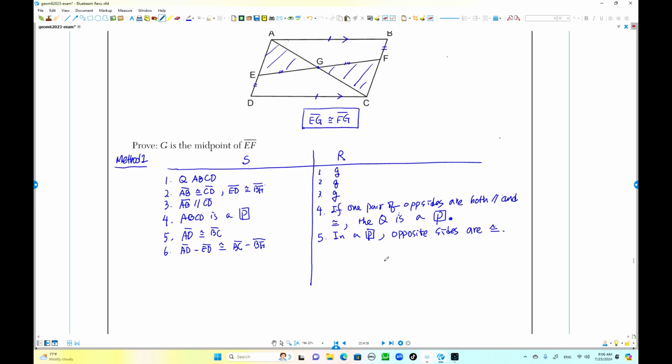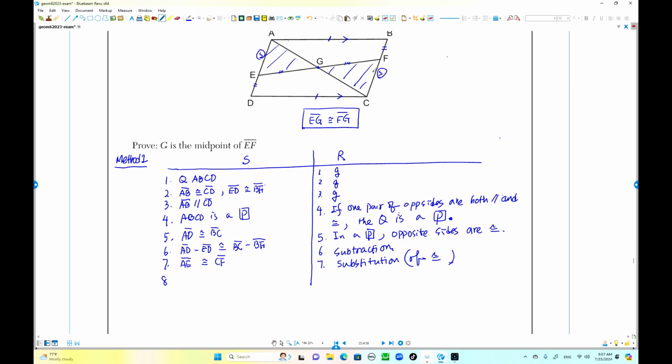The reason is subtraction. So AD minus ED is AE, so AE is congruent to CF. The reason is substitution, over congruence. Now we got one side.